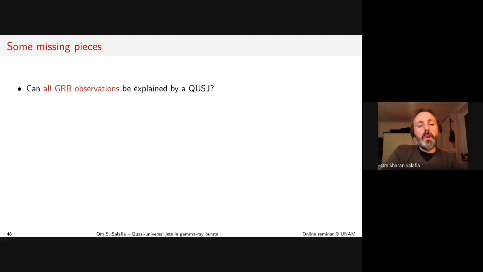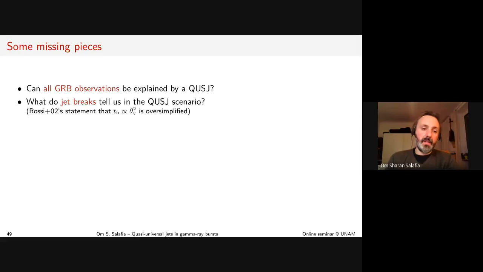For example, one should demonstrate that all GRB observations can be explained by a quasi-universal structured jet. So one should be able to demonstrate that one can reproduce both prompt emission and afterglow of all the jets that we could observe until now with a consistent structure with only a small narrow variability in the parameters.